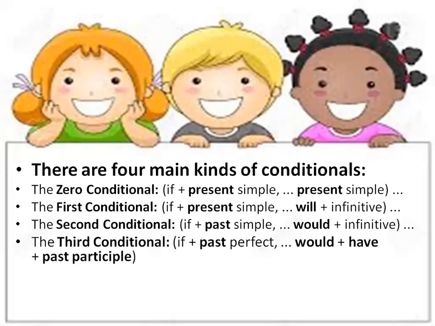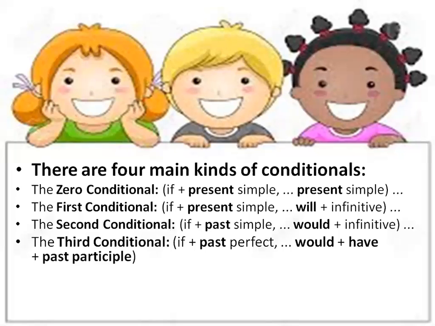So the simple structure of the first conditional is if plus present simple comma will plus infinitive. Infinitive is to plus v1. जो हमारा infinitive कहलाता है, infinitives are to plus v1, and you have to use will plus v1 over here.